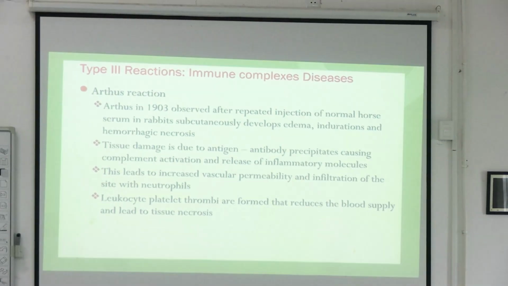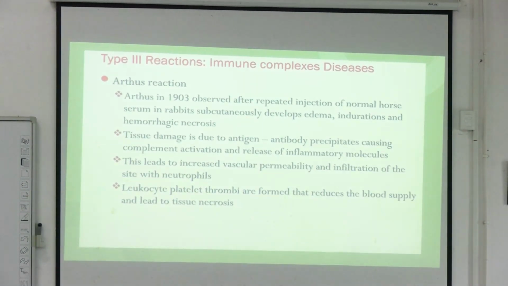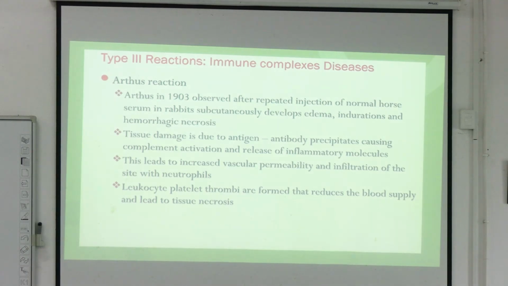So Arthus reaction and serum sickness are classical type 3 hypersensitivity reactions of historical importance and may not be asked in your exam. What is still important in today's life is type 3 hypersensitivity, the immune complex deposit reaction, that is SLE, systemic lupus erythematosus. SLE is a multiple-system disease, and the immune complexes are deposited in vascular endothelium, causing vasculitis.